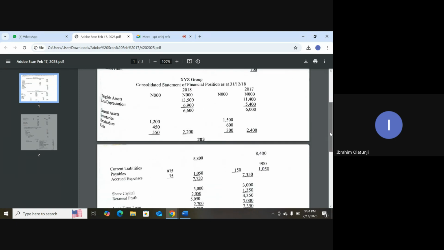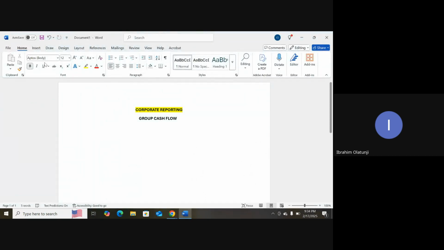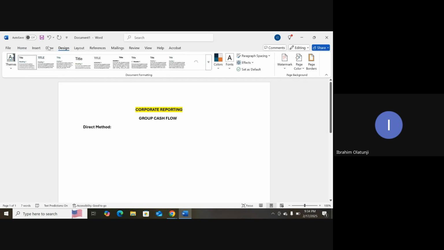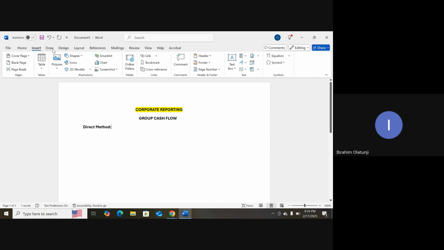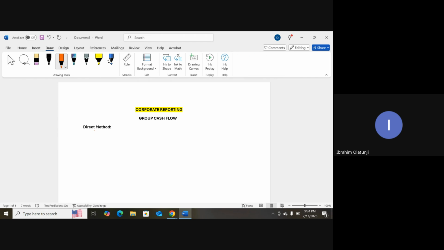Now, when you are dealing with a group cash flow and you want to use a direct method, under your operating activities, you must take note of four certain things.